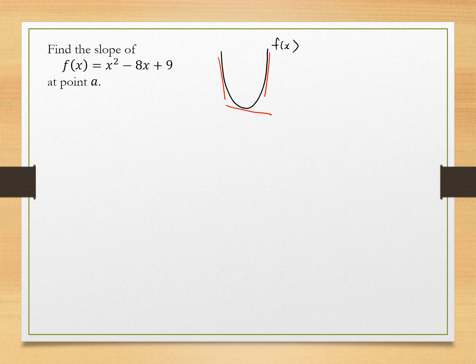So the slope at a would equal the limit as h approaches 0 of f(a plus h) minus f(a) over h. When you write down this step, there's a question.